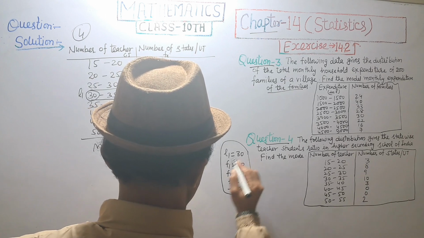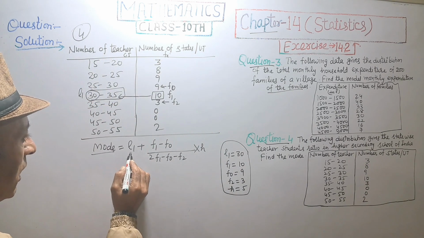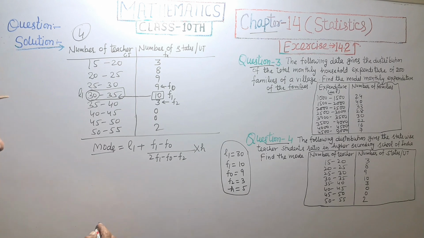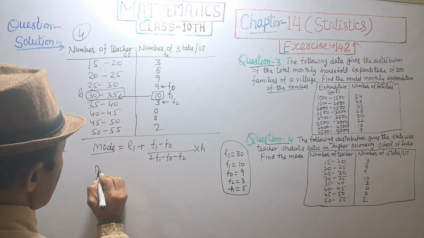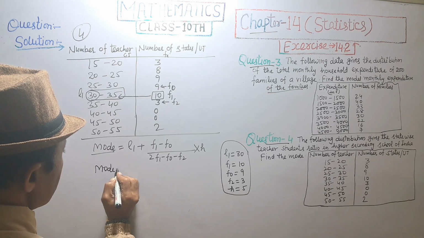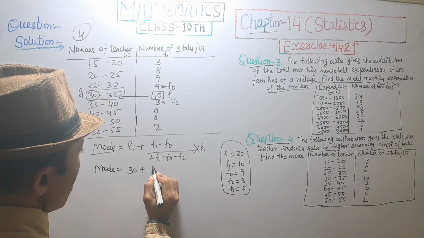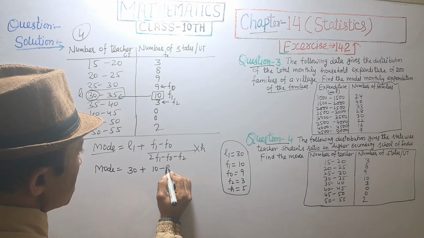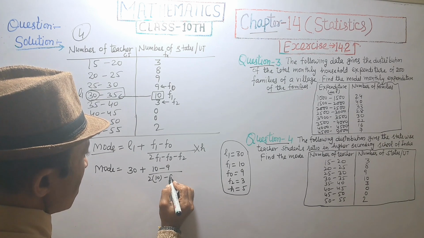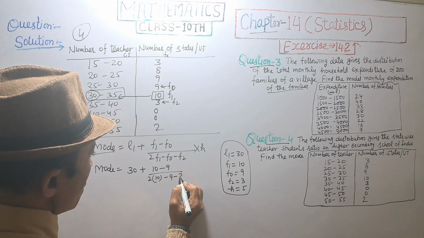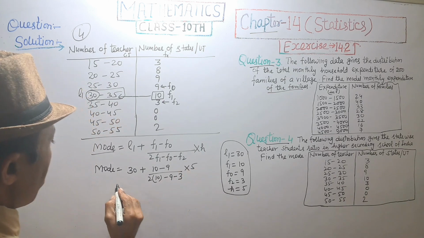We get all values, and putting the values of L1, F1, F0, F2 and H in this formula, mode is equal to L1 is 30 plus (F1 is 10 minus F0 is 9) divided by (2 into F1 is 10 minus F0 is 9 minus F2 is 3) and multiply by H is 5.